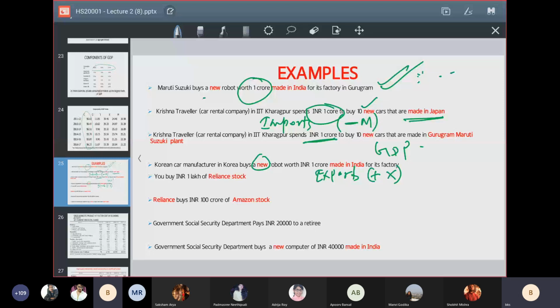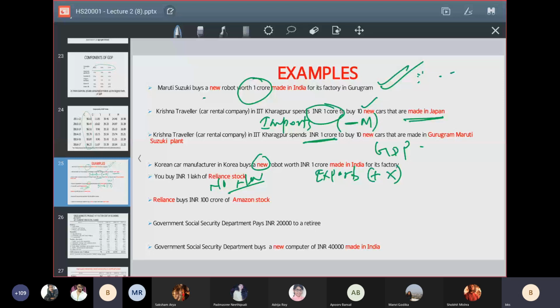So no new goods are produced. Therefore, that 1 lakh rupees is not part of our GDP. Similarly, if Reliance buys 100 crores of Amazon stock, no new products are generated. Therefore, that 100 crores also is not part of our GDP.